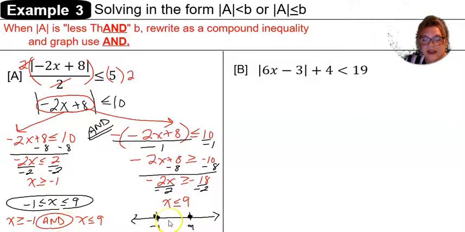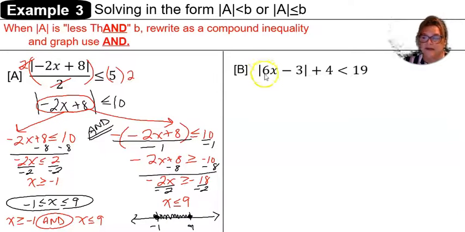And because it's an "and" inequality, we shade between those real number endpoints. Because the x's are greater than or equal to negative 1, they shade up. Less than or equal to 9, those shade down. So they meet in the middle.